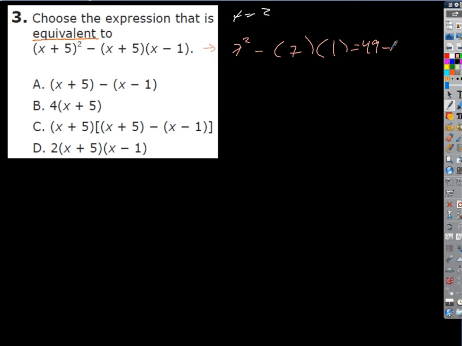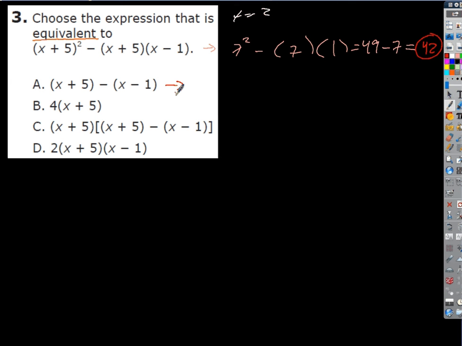So 49 minus 7 would be 42. Okay, no big deal. That's what we're trying to find. So how about this guy?